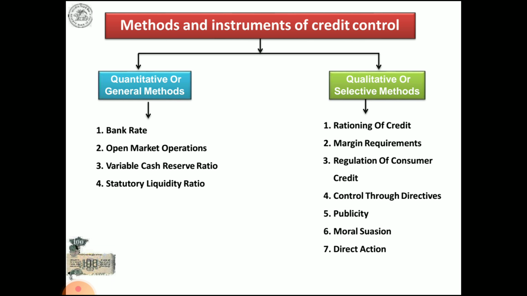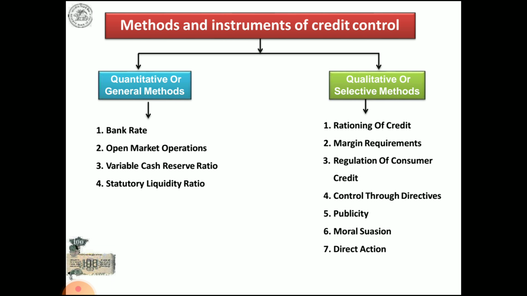First is quantitative or general measurements or methods. Then similarly, qualitative or selective methods. In quantitative methods, there are bank rate, open market operations, variable cash reserve ratio, statutory liquid ratio.